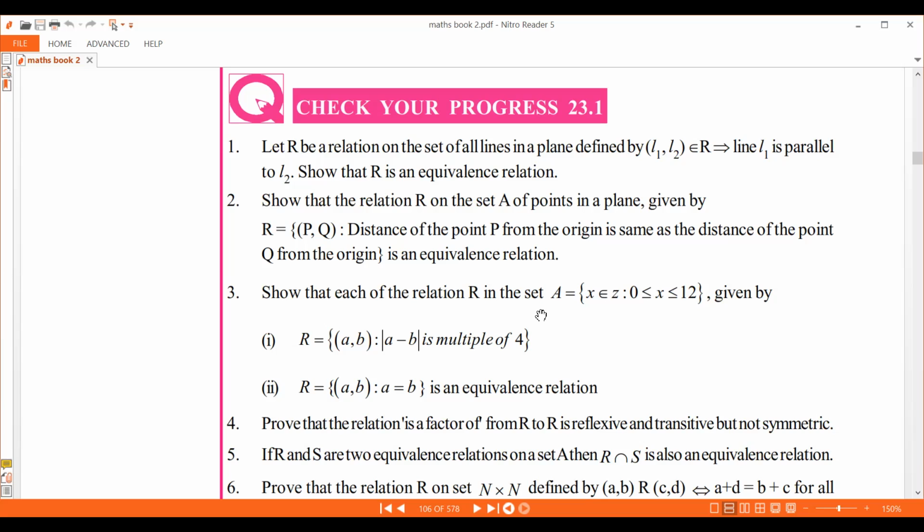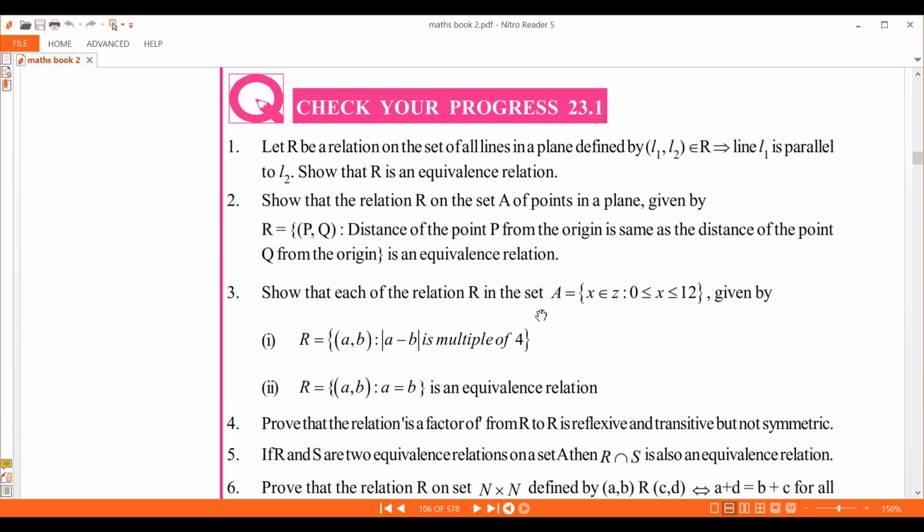So how do you do that? You have to show that it's an equivalence relation.